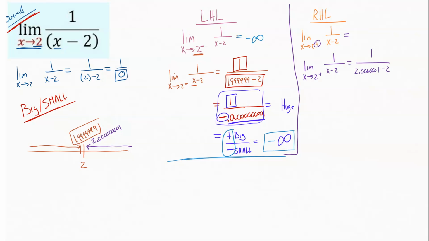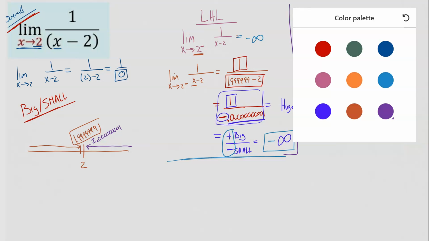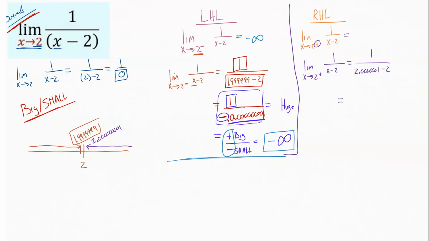As we unpack that, on the top we have that 1 still. And on the bottom now, we've got 2.0001 minus 2. No matter how many zeros we put on that 001, it's still going to be just slightly bigger than 2.